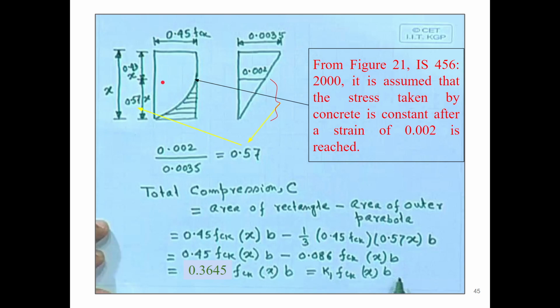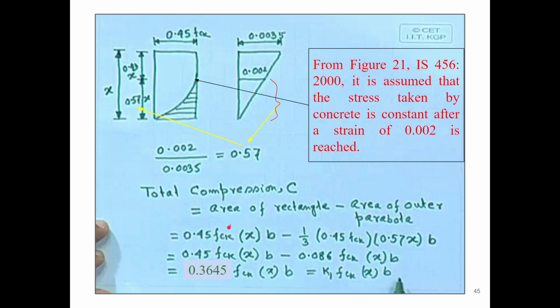From this concept we can find the total compression. It is the total area of the rectangle minus the outer parabolic portion. The total area of the rectangle is 0.45 fck into x into b. The area of the outer parabola is one third into base into height, so one third into 0.57x into 0.45 fck into b, to get the total force.